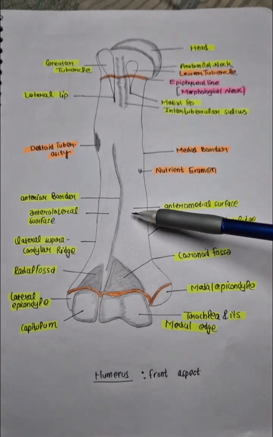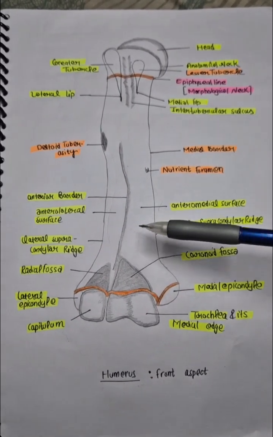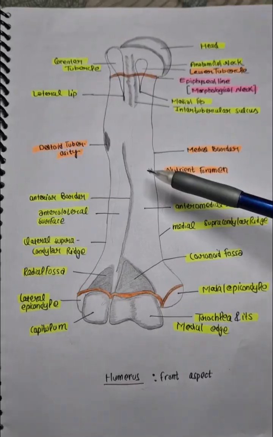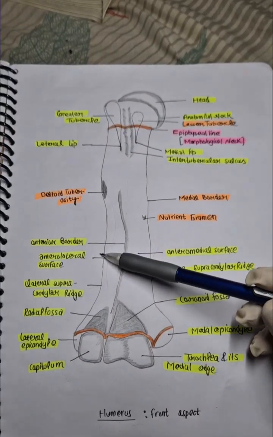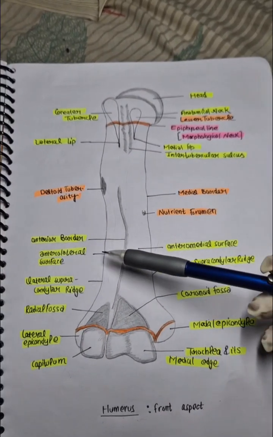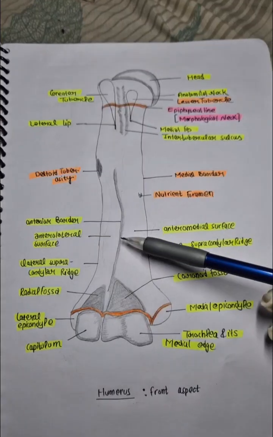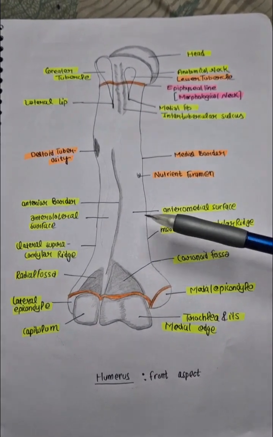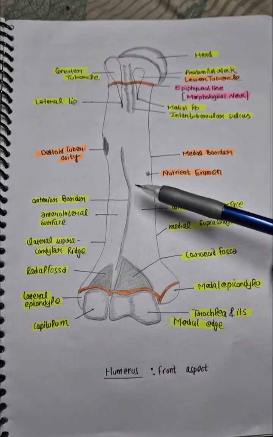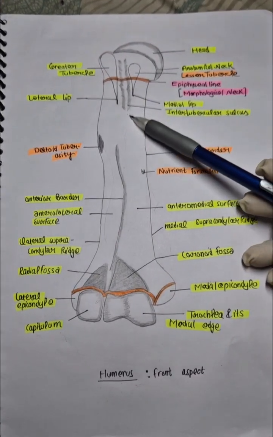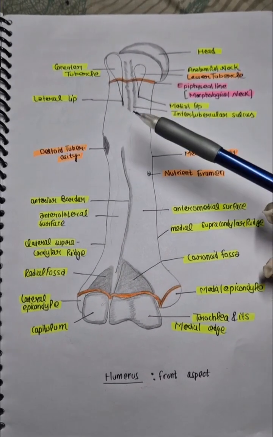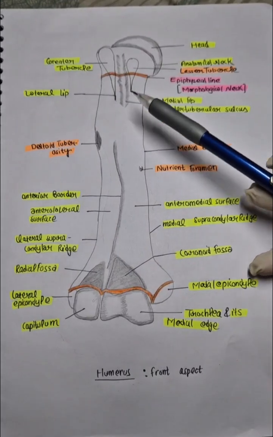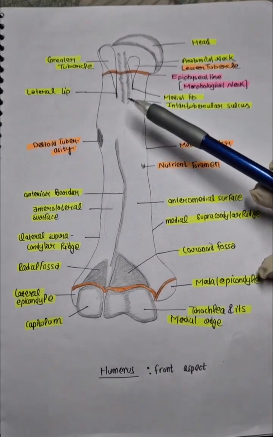Now we come to the anteromedial surface, which lies between the anterior and medial borders. Its upper one third is narrow and forms the floor of the intertubercular sulcus.